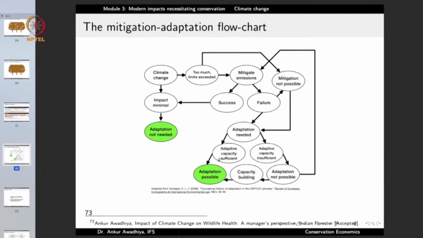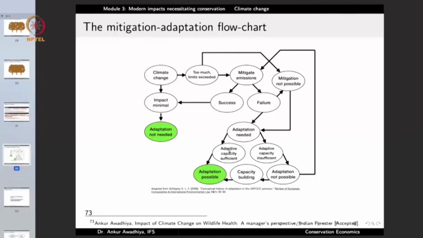Now, if you have an adaptive capacity that is sufficient to adapt, suppose there is a society that has ample resources and can come up with an air conditioner in every home. The air conditioner in this case is an adaptation because it is not doing anything to reduce global warming, but it is helping people to live in an area which has heated up too much.